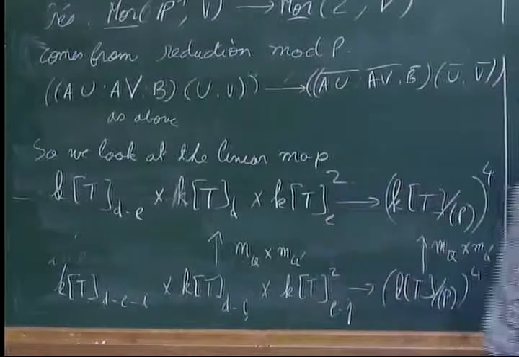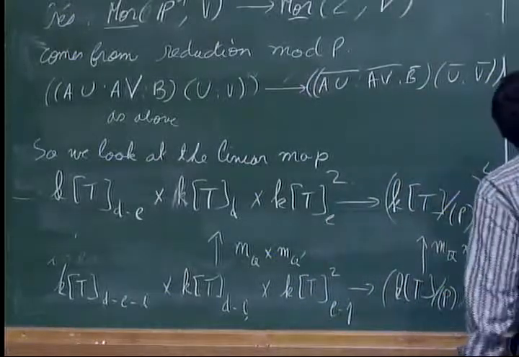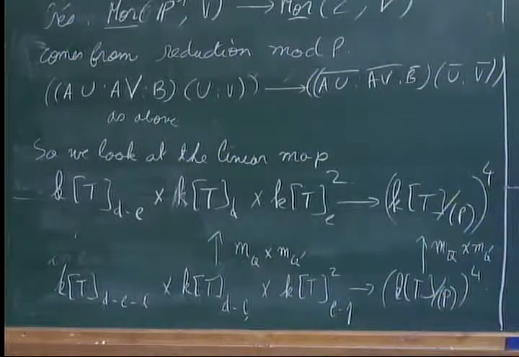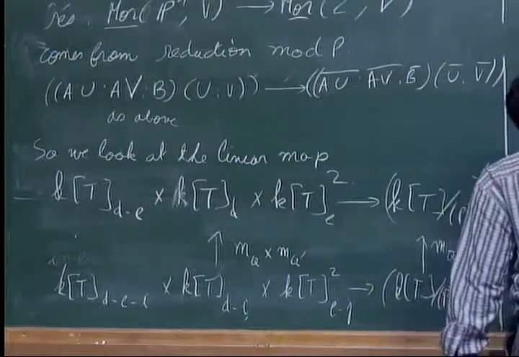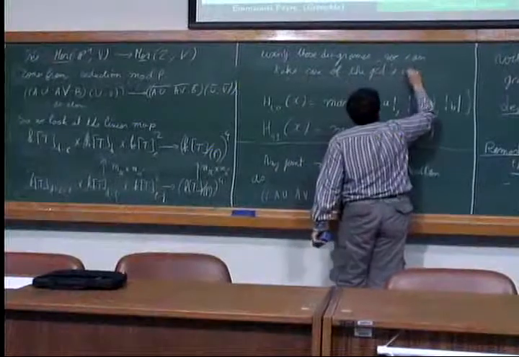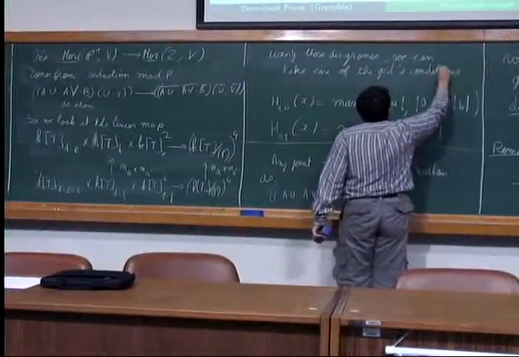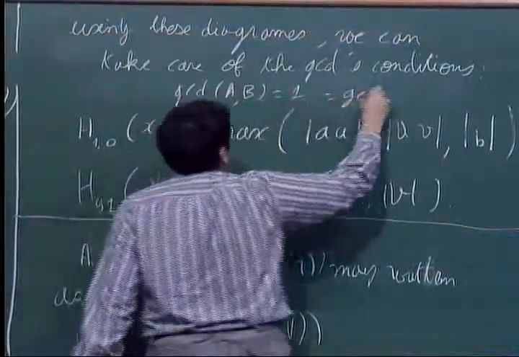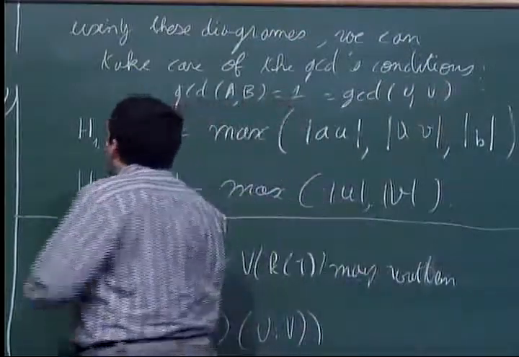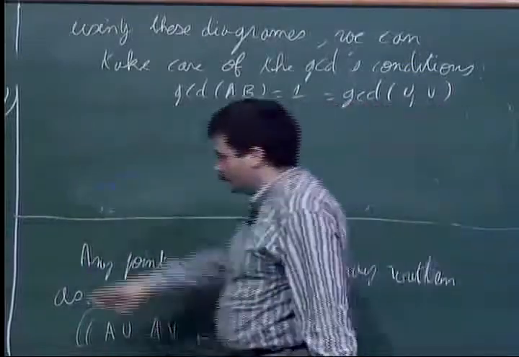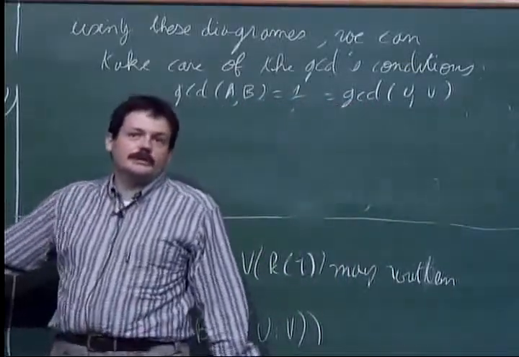Using these diagrams, we can take care of the GCD condition, namely the GCD of A and B should be equal to 1, as the GCD of U and V. So as before, if this map is surjective, we get a fibration and everything is fine.